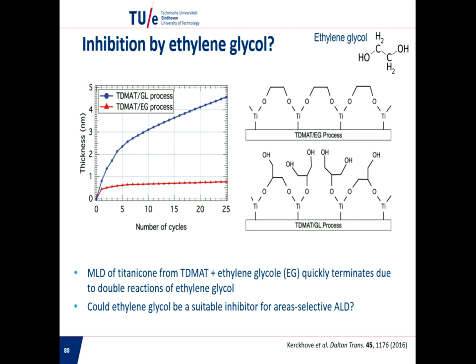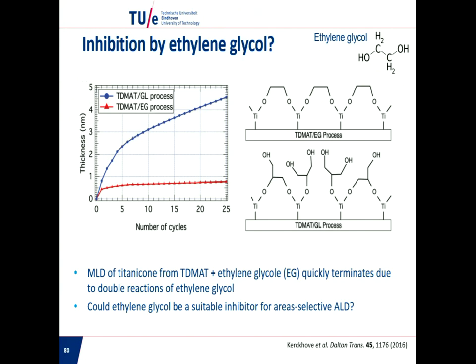So I found this paper from Christophe's group where they looked at MLD of titanium tetrachloride with TDMAT and ethylene glycol. That's this configuration, and also this other precursor, I forgot the name of, but it has 3 functional groups.